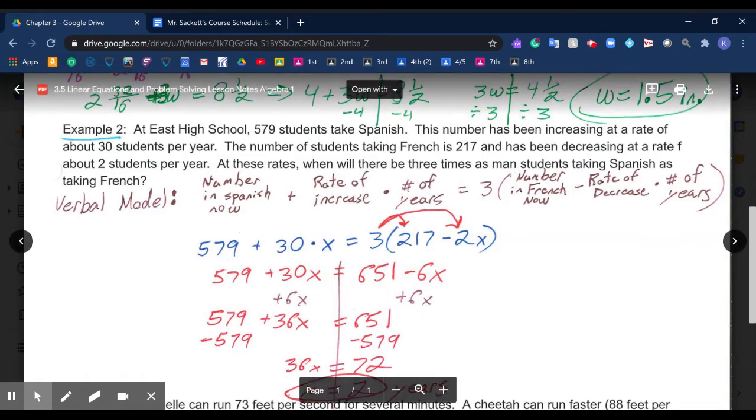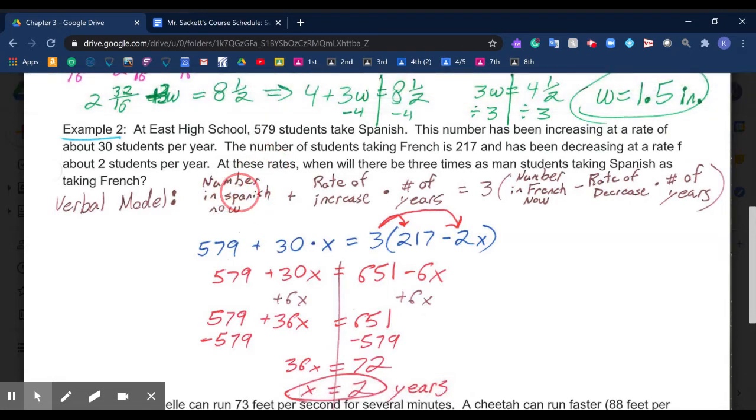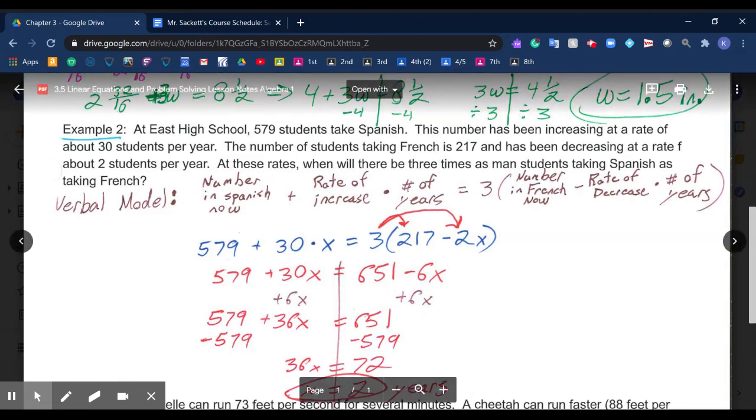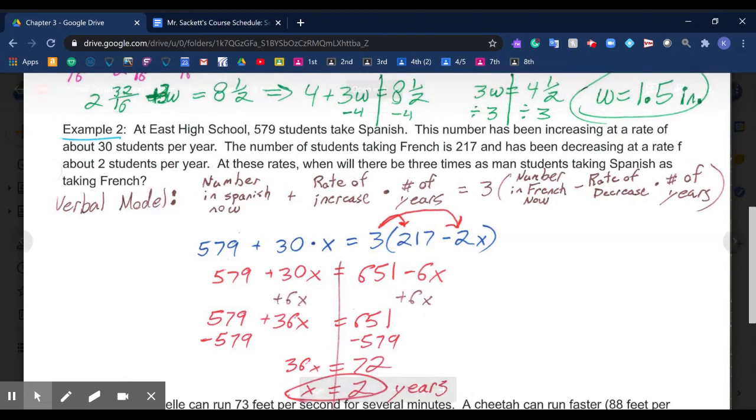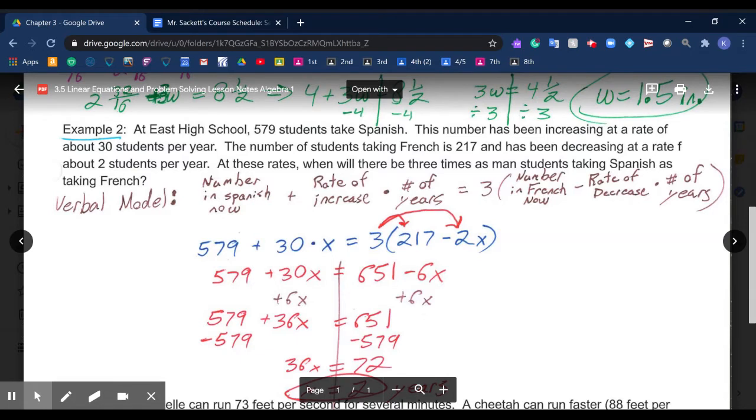So let's look at our scenario to begin with. 579 students in Spanish, increasing at a rate of 30 students per year. So in that case, if I was going to do a verbal model just for Spanish, it would be the number of people in Spanish now, plus, because it's a rate of increase, our rate of increase multiplied by the number of years. And what we're trying to figure out is when will there be 3 times as many students taking Spanish as French?